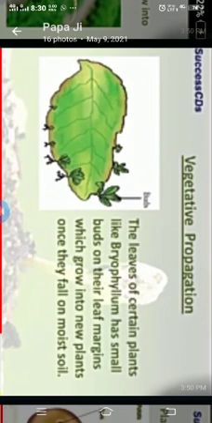The leaves of certain plants like Bryophyllum have small buds on their leaf margins which grow into new plants once they fall off on moist soil.